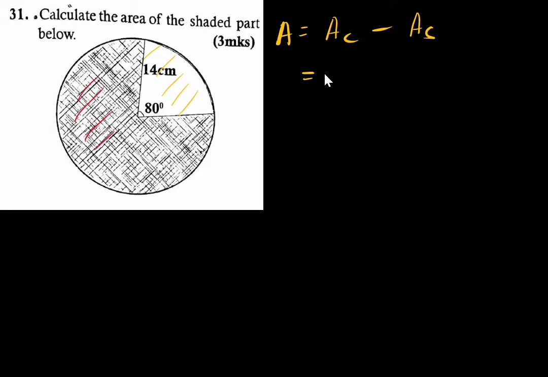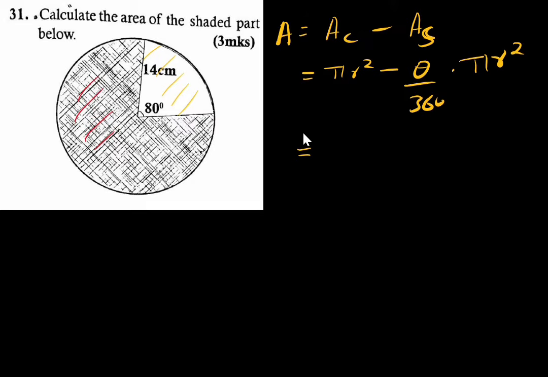So we know that area of a circle is given by pi r squared. What about area of a sector? The formula is given by theta over 360 times pi r squared.